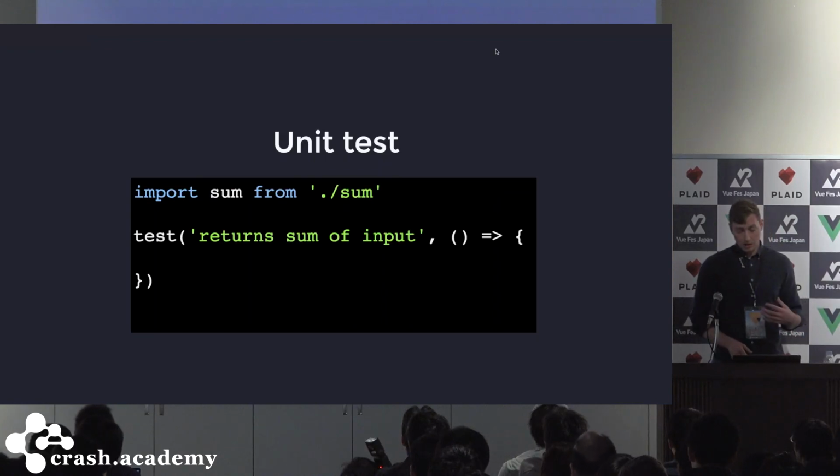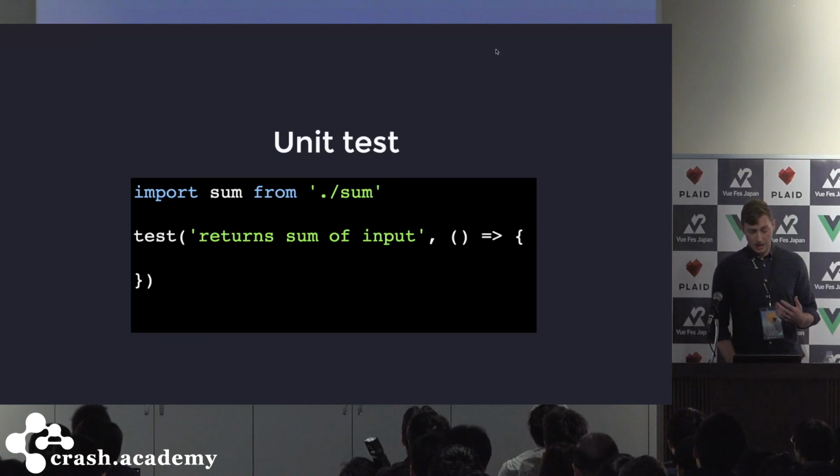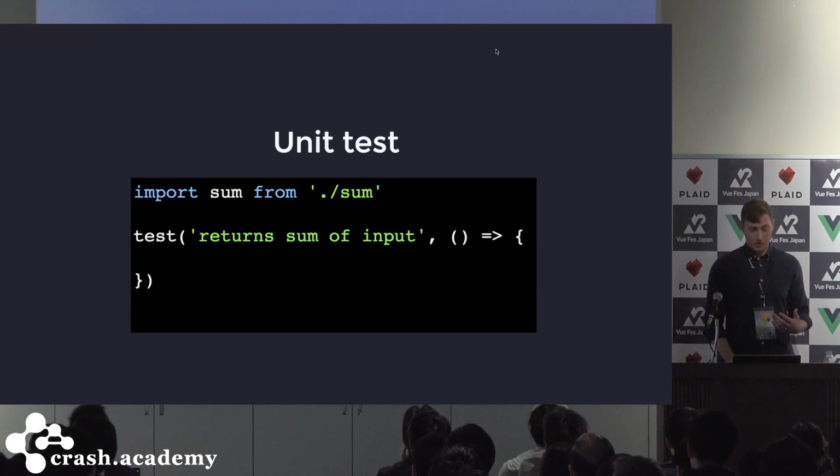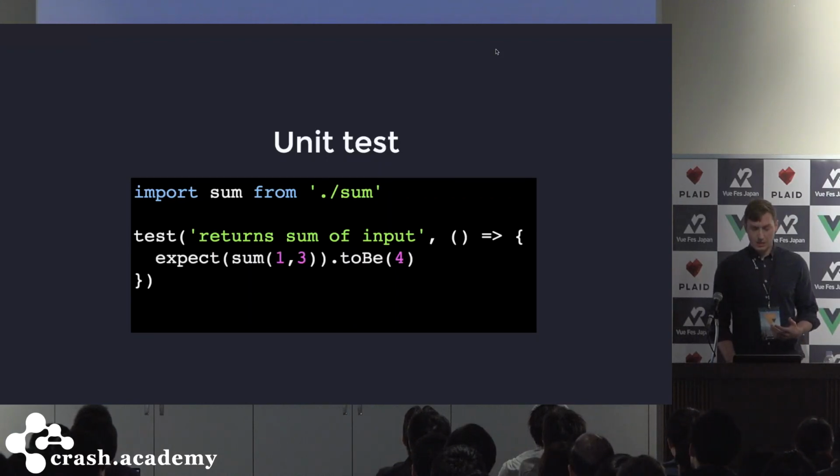The way that you can write a unit test using a framework like Jest is that you define a test function. With the Jest test framework, the test function defines a test, and then in the function itself, you create an assertion using the expect function.